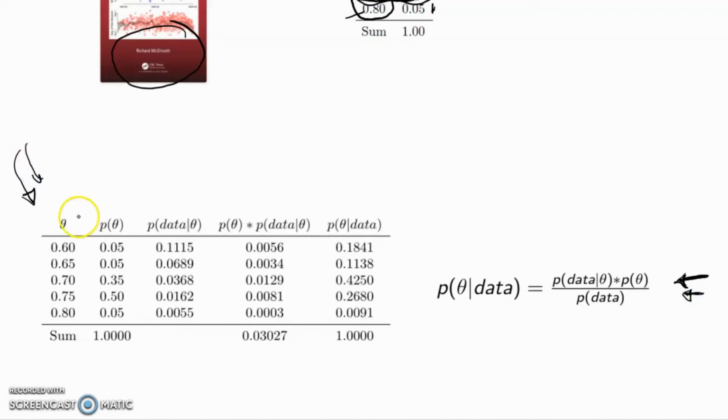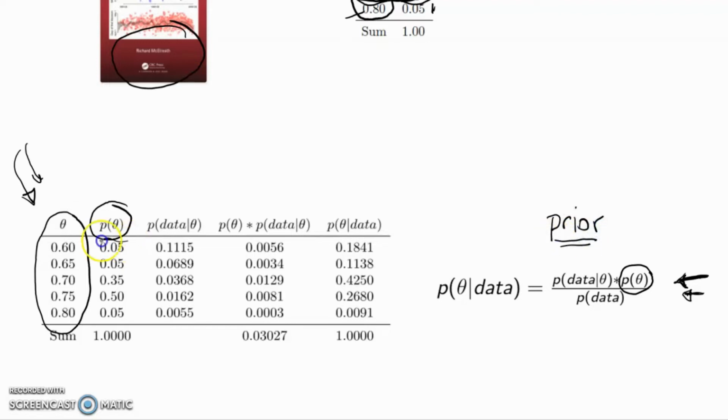So we're going to start off with our values of theta. So these are the possible proportions of the Earth's surface covered by water. And then we've got the probability of theta. We've got it in the table, and here we see it in the formula. And this reflects my prior beliefs. This is my prior.